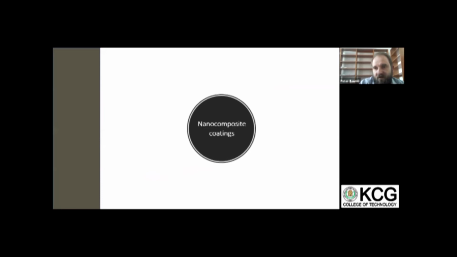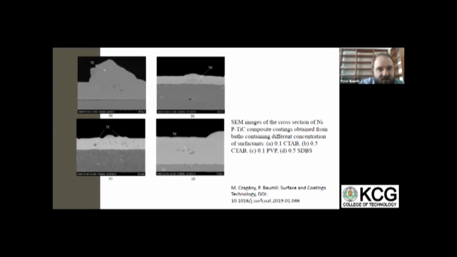The next application is nanocomposite coating. In this case, we prepared nano coating from aqueous solutions with reducing agent. And why is this nanostructured? Because as this coating was formed, this is a nickel phosphorus coating, this is the matrix material.